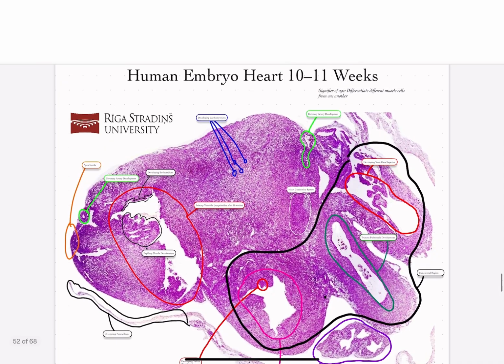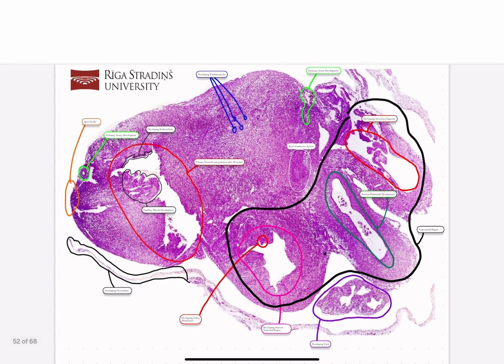Before I continue, it's important to note that depending on the professor you ask, they're all going to disagree, I would say, on what sort of structure you're looking at when it comes to the atrium, the aorta, the truncus pulmonalis, and the vena cava superior.